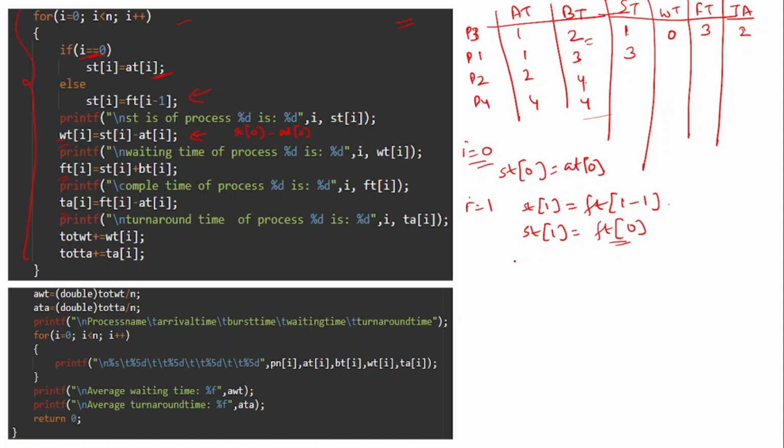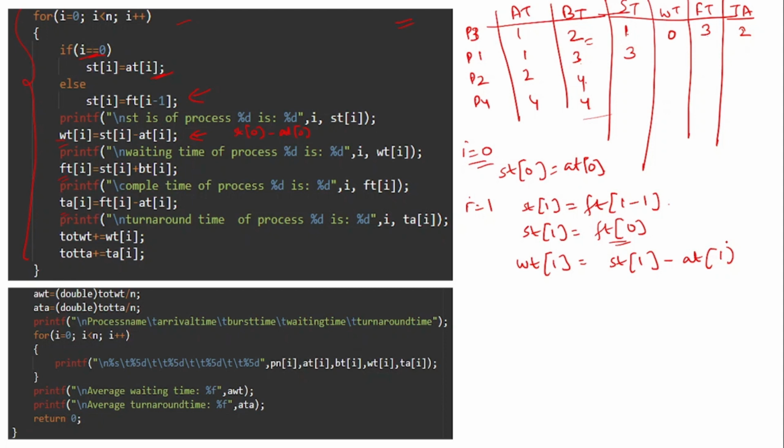Now the waiting time. The waiting time of a process is its start time minus its arrival time. In the case of shortest job first, there is the arrival time, the time at which the process arrived at the ready queue, and the start time, the time when it gets the CPU.